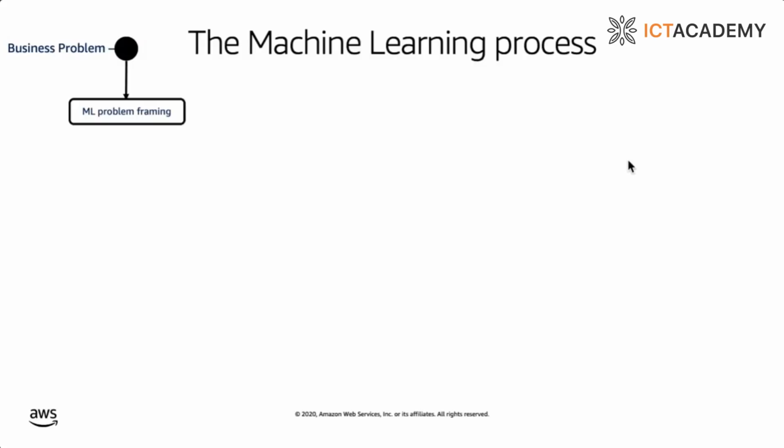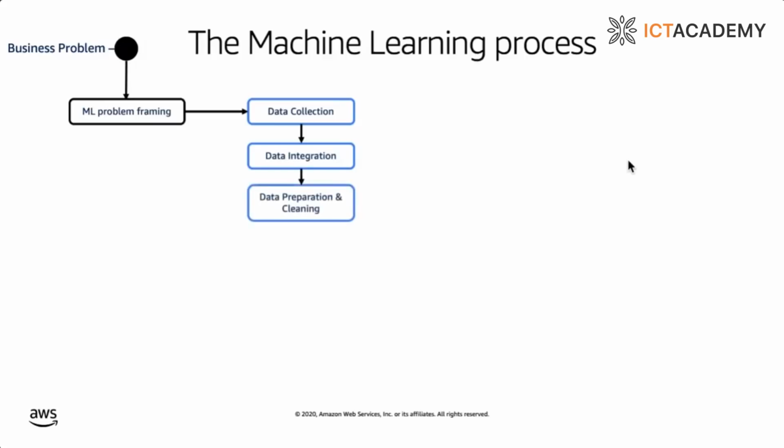Do I need 100,000 X-rays to train my model? Or does it require some kind of unsupervised learning, where I don't need a data set but can still make some predictions? Or it could be about something different. All these require, or do not require, a process of data collection, data integration, data preparation, and cleaning. These things are really required there.